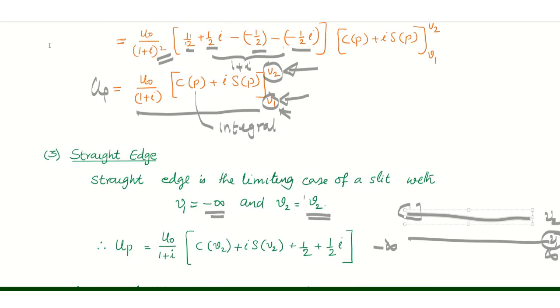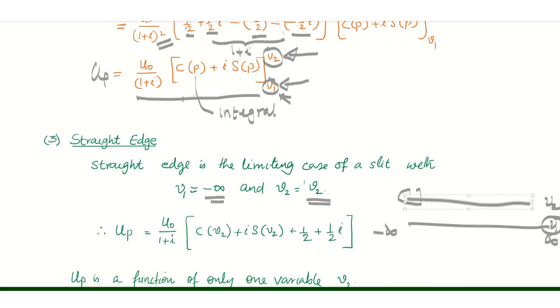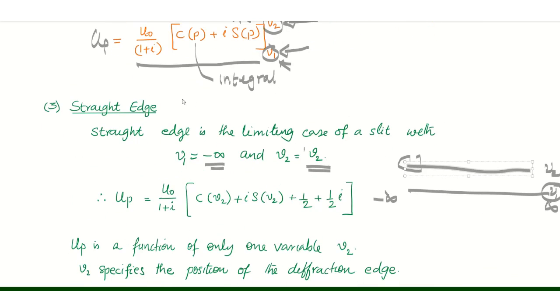Because this is your expression, in this case UP will be U0 over 1 plus I. Then you take V1 as minus infinity.